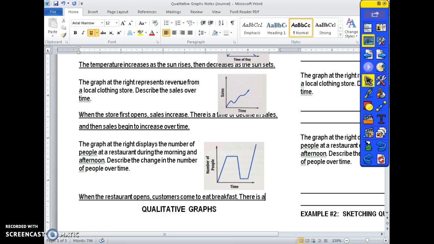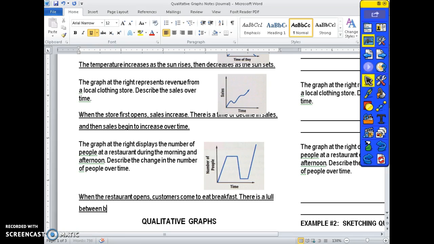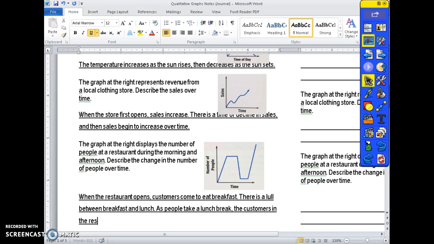There is a lull or a dead time between breakfast rush and lunch. As people take a lunch break, the customers in the restaurant increase, or the number of people in the restaurant increases.